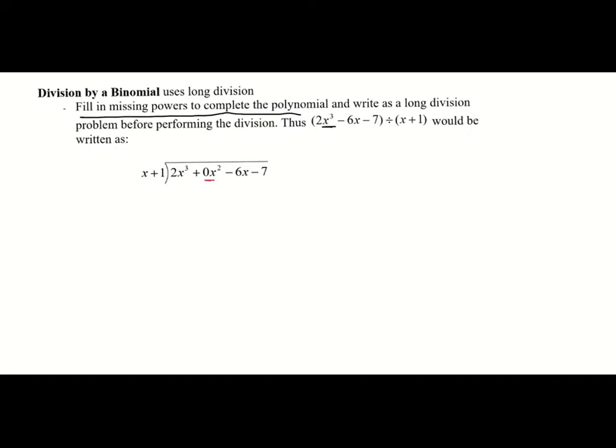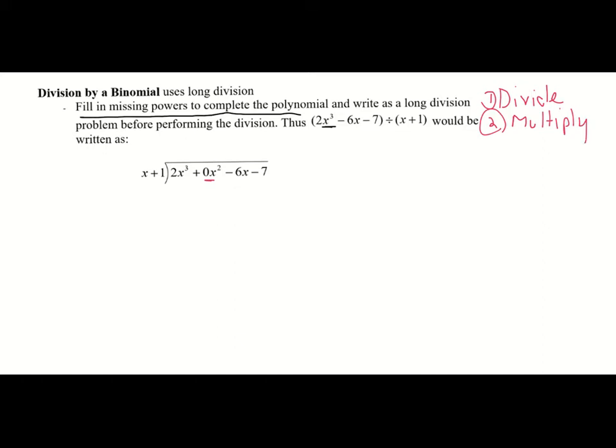When we do our long division, the first thing we're going to do is divide. I'll show you what we divide. Then, just like with long division, we're going to multiply.